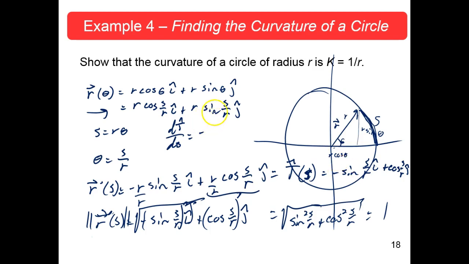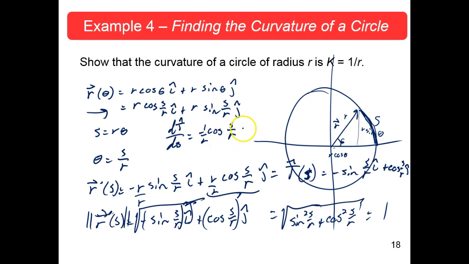Derivative of minus sine is? Negative, yeah. Derivative of sine is cosine, so the derivative of minus sine would be minus cosine of s over r. But then you have a chain rule, 1 over r, right? The derivative with respect to s would be 1 over r.